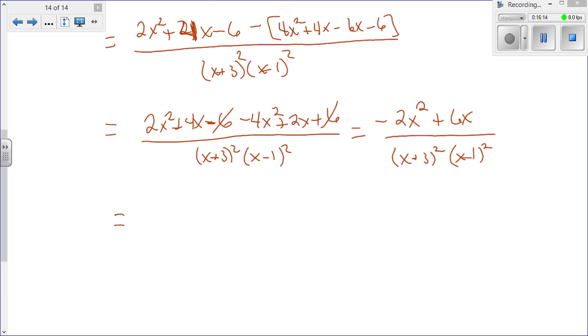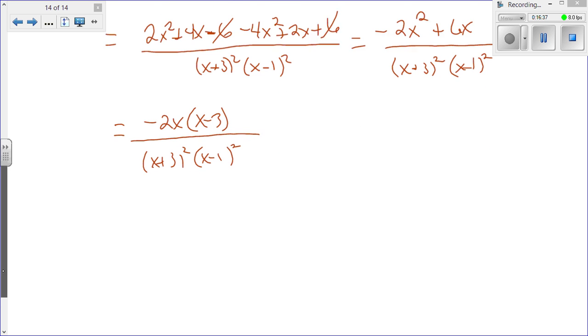And then I'm going to factor a negative 2x on there as GCF. So negative 2x times x minus 3 all over x plus 3, the quantity squared, times x minus 1, the quantity squared. And that matches what they told me to show.